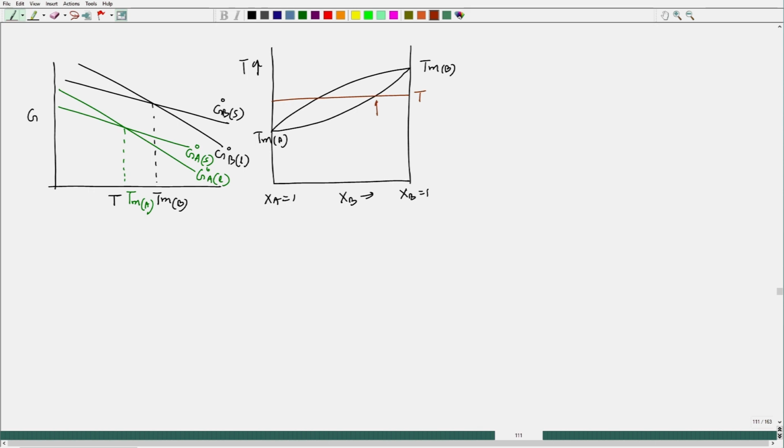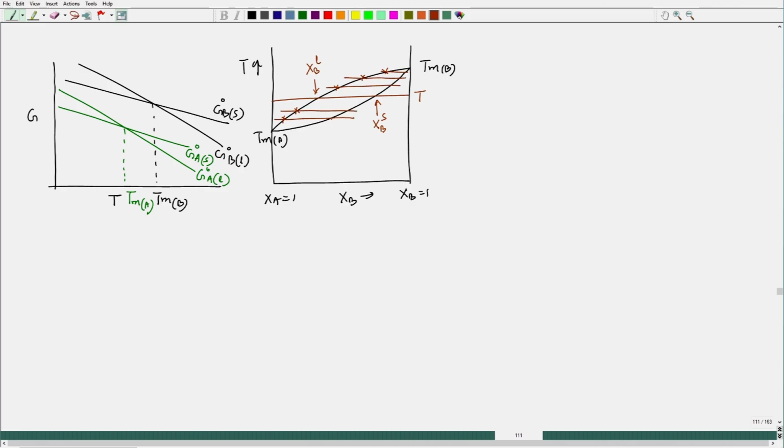One composition would be the solid composition, which is XB of S, and another composition would be XB liquid. These 2 compositions at different temperatures, if we keep finding out, and then we keep plotting those compositions. These are, let us say, liquid compositions at different temperatures. So, this and this.